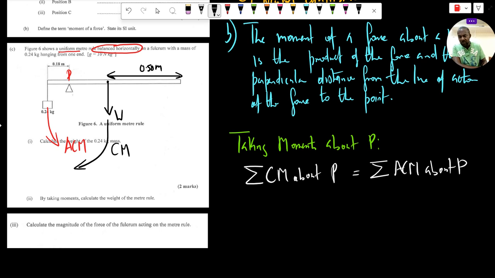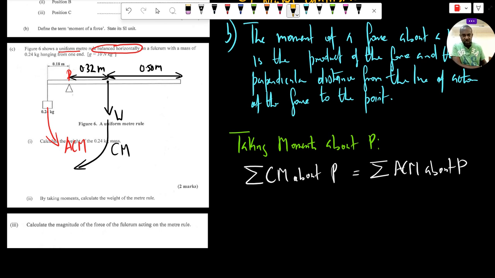And if the distance from the opposite end to the pivot is 0.18 meters, then the distance from P to where the weight is acting at the center of gravity is equal to 0.5 minus 0.18, which of course is 0.32 meters, right? So the center of gravity is 0.32 meters to the right of the pivot, and therefore the distance from the line of action of the meter rule's weight to the pivot is 0.32 meters, all right?